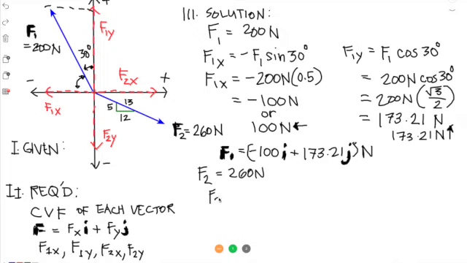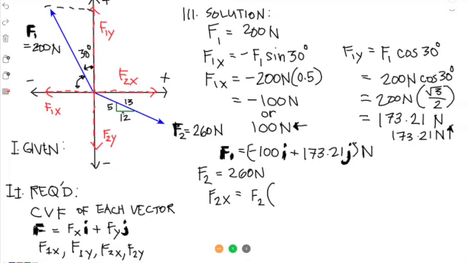So f2x here would be equal to f2, that's positive, multiplied by what ratio? We are looking at the side which is parallel to the side we're looking for.